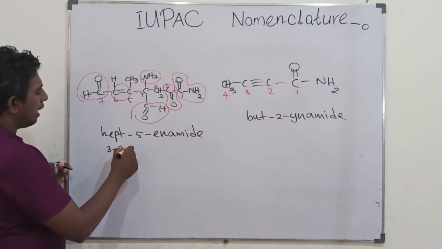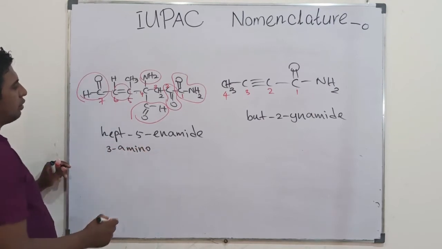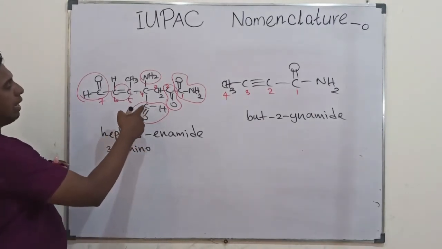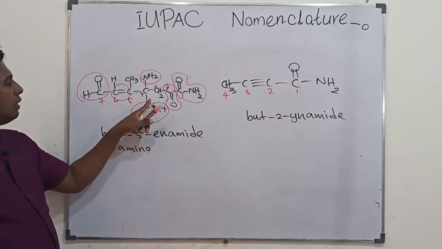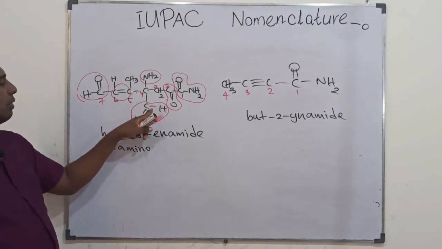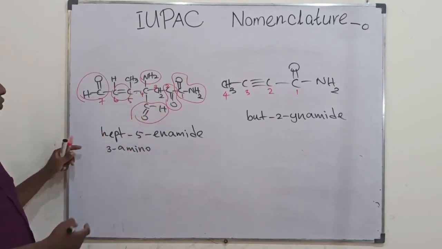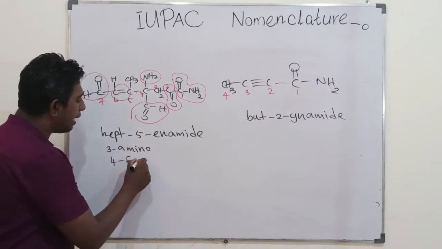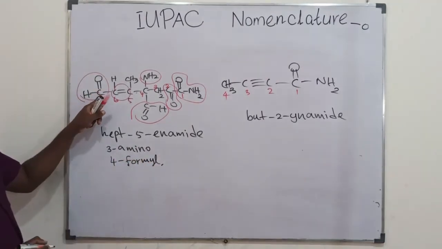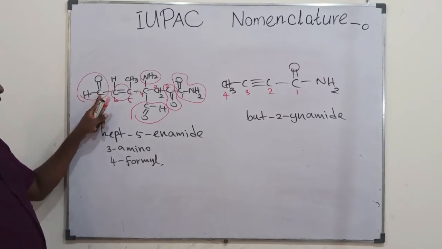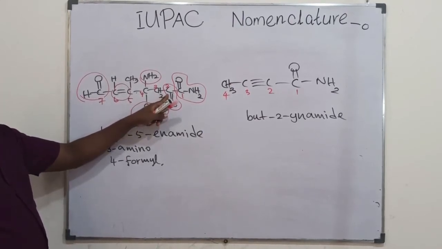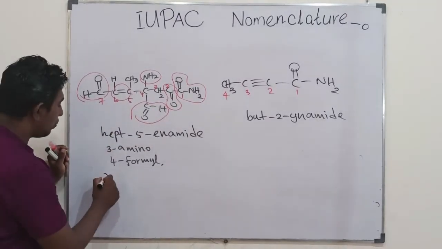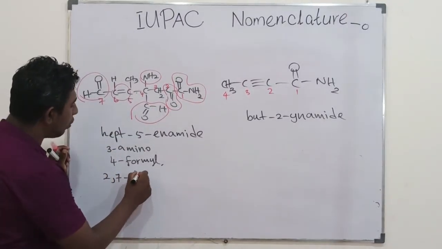On the third you have amino as the prefix. Then when you have an aldehyde here, its carbon is not counted in the main chain, so there is no number on this carbon. Therefore we use formyl. Though this also is an aldehyde, its carbon has been counted, so we call it oxo there. Then this ketone also is given the prefix oxo. It is 2,7-dioxo.